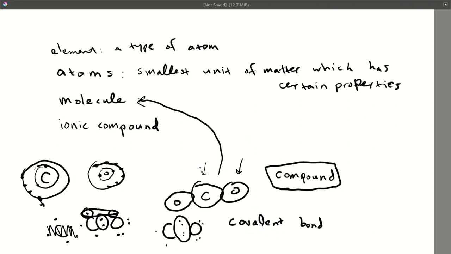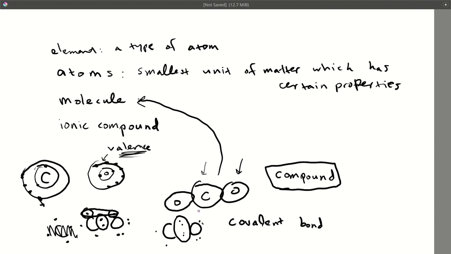So the valence electrons, the outside electrons, are the valence electrons. Okay, so anyways, the word covalent bond means we're sharing outside electrons.